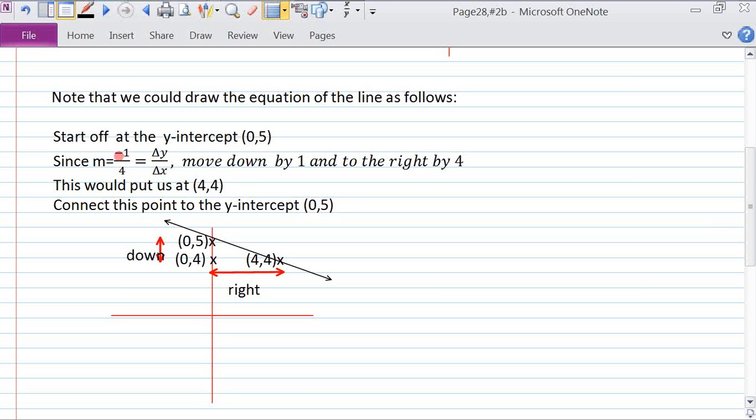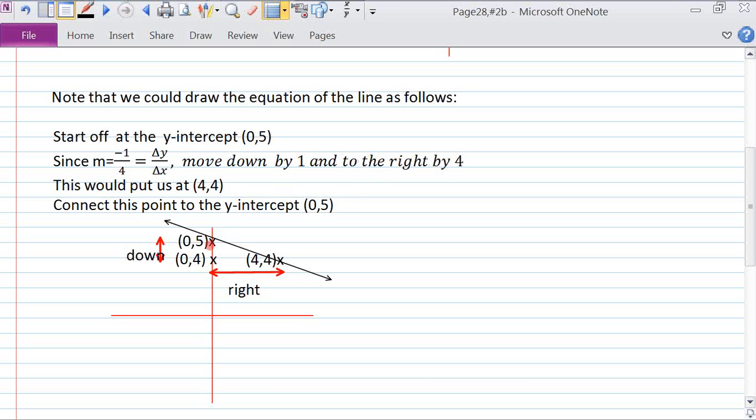Because the slope is minus a quarter, which means we could change y by minus 1, and we have to change x by plus 4. So since we have to change y by minus 1, we move down by 1. And since we change x by plus 4, we move to the right by 4.